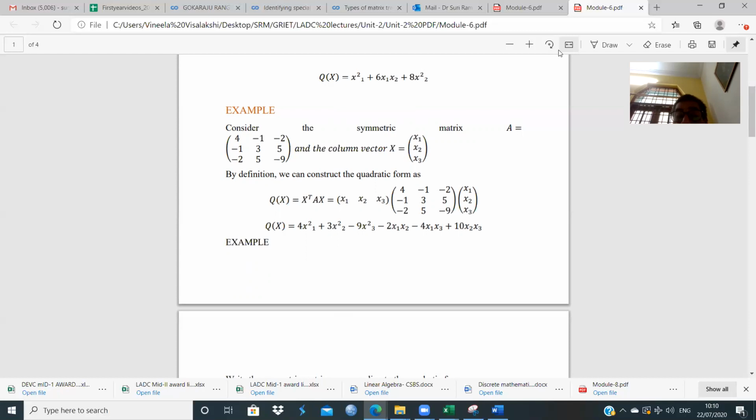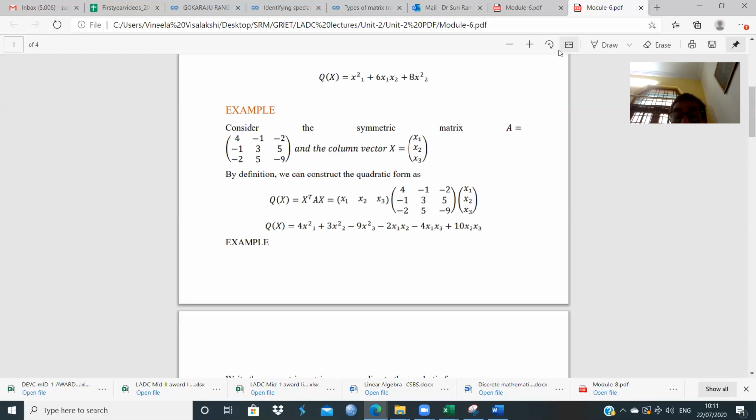So there is something to study in the coefficients of Q of x and the given symmetric matrix. The diagonal elements of A are 4, 3, minus 9, which are precisely the coefficients of the squared terms in the quadratic form. The x1x2 coefficient, minus 2, is exactly double the A12 element in the symmetric matrix.